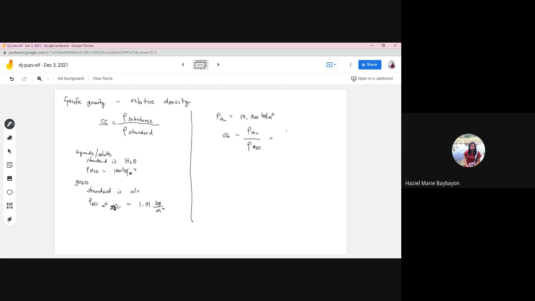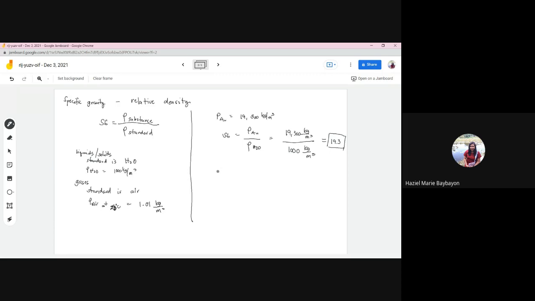Okay, so this is equal to 19,300 kilograms per meter cube divided by the density of water. It's 1,000 kilogram per meter cube. So this is equivalent to 19.3. Take note the specific gravity has no units. Okay, so the specific gravity of gold is 19.3.